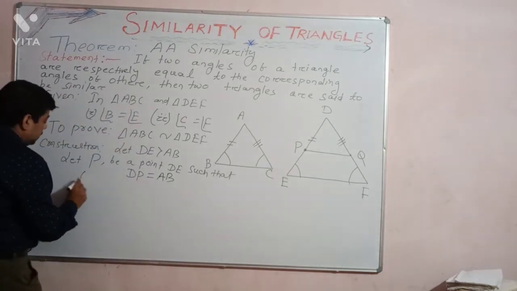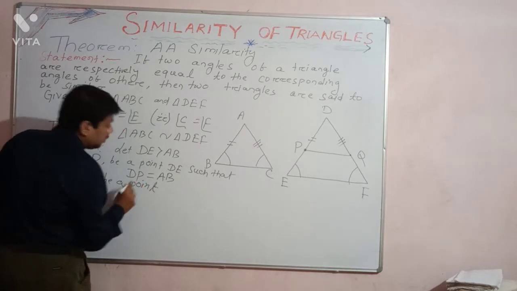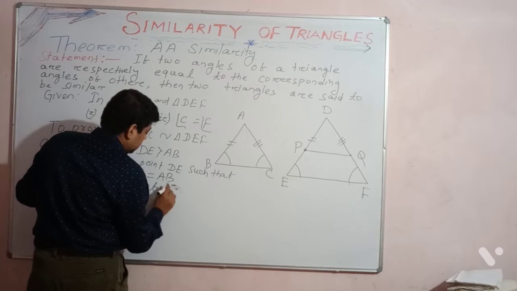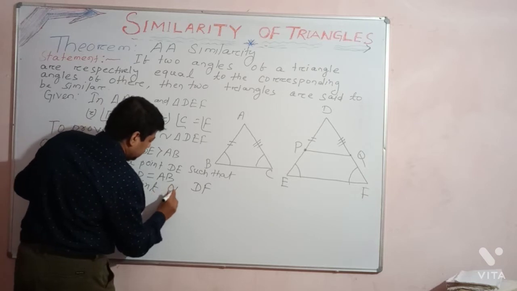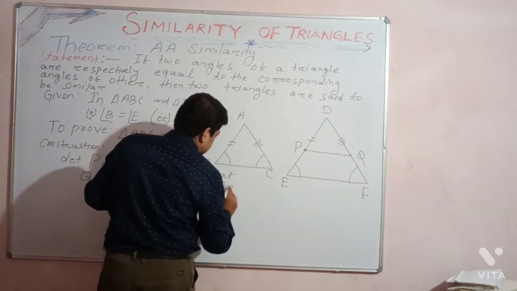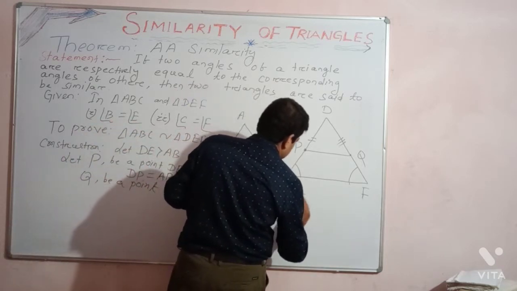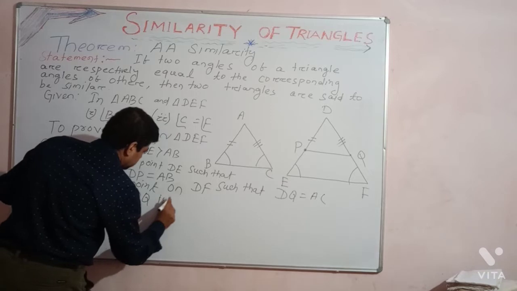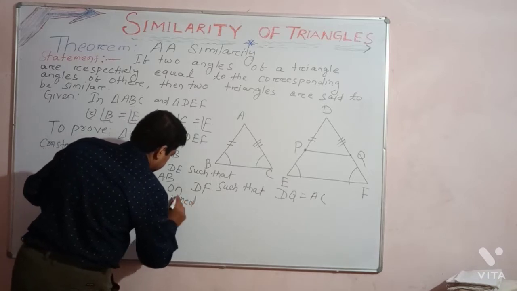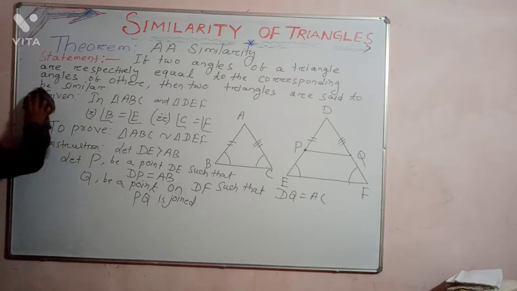Similarly, Q is another point on the side DF such that DQ is equal to AC. And join PQ. Understand or not? So this is the construction to prove the theorem. Is it clear? Okay, let's see the proof.